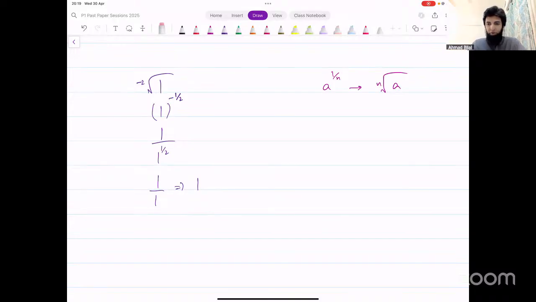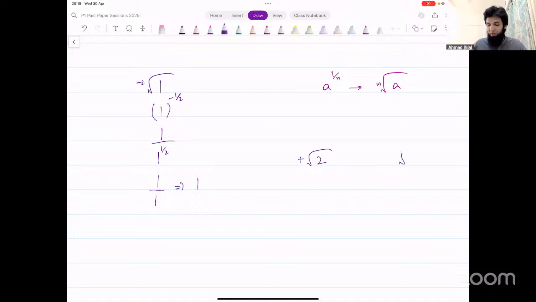You only put plus minus when you take square root or any root yourself. For even roots, for example, square root, fourth root, sixth root, eighth root, when you take that root yourself, you put plus minus. When it's already there, this notation, for example, it means that it's plus square root of 2.